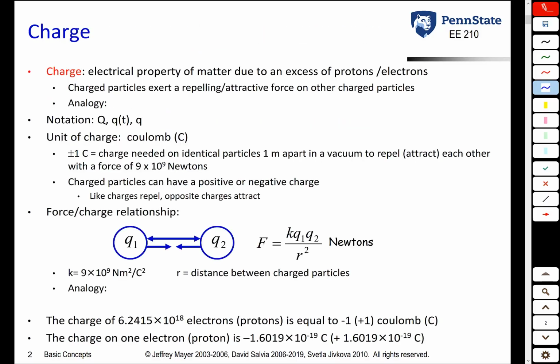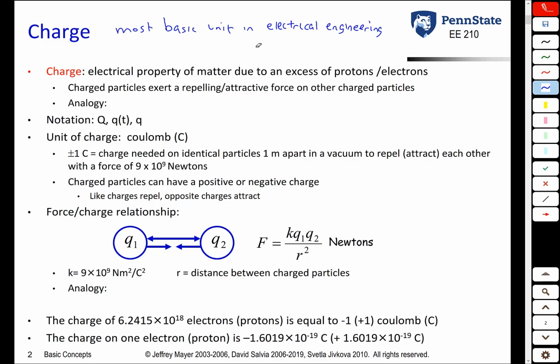Okay, we're going to start by talking about charge, which is the most basic unit in electrical engineering. Why is it so fundamentally important?